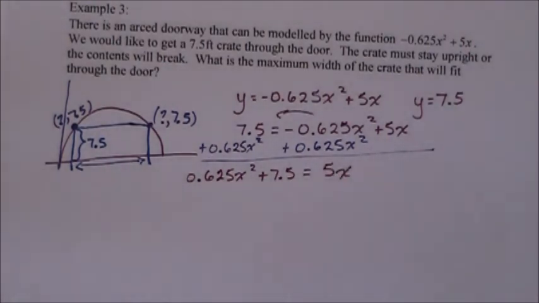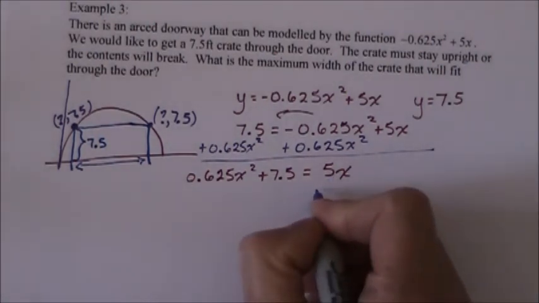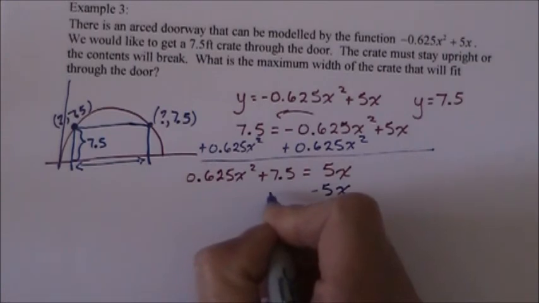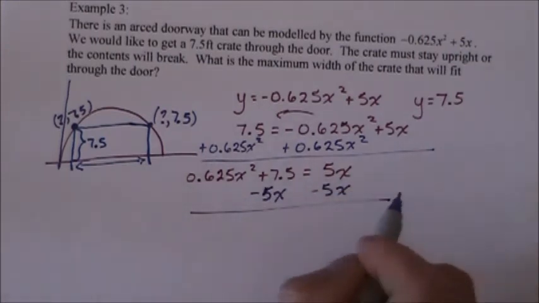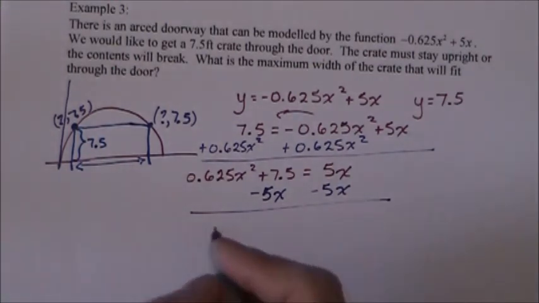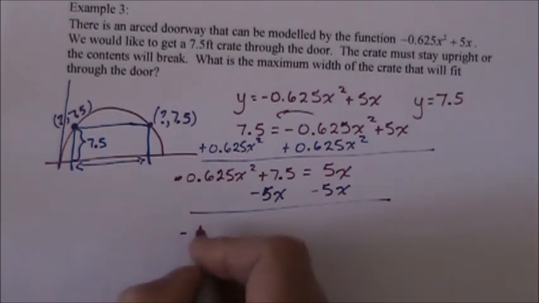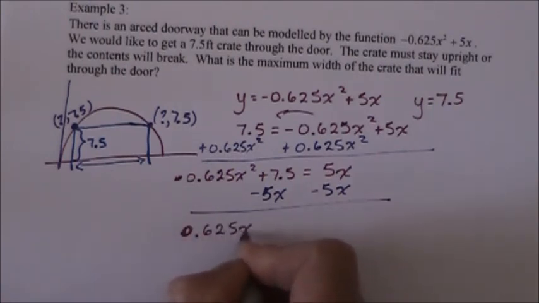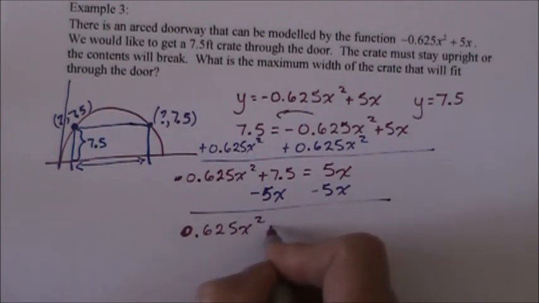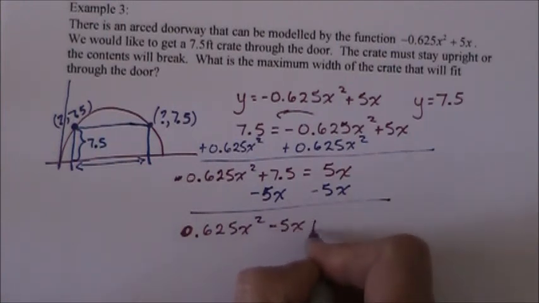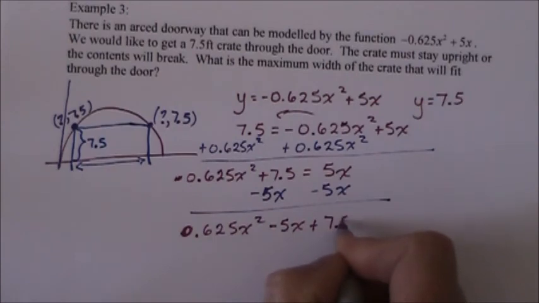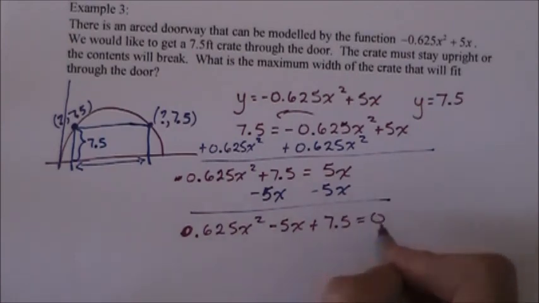And we still need to move that 5x. That is a positive 5x, so subtracting 5x from both sides, we're getting 0.625x squared minus 5x plus 7.5 equals 0.